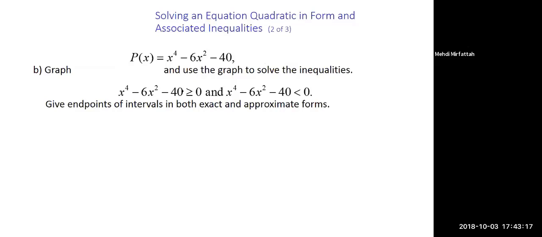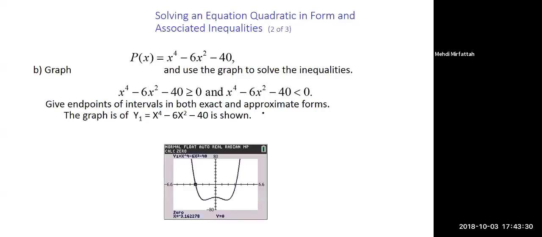For part B, we want to see where p of x would be greater than or equal to 0 or less than 0, given the endpoints of the interval in both exact and approximate forms. If you look at the graph, you can see it intercepts at these points that you found. Above the x-axis is from negative infinity all the way to this point, and from this point all the way to positive infinity.